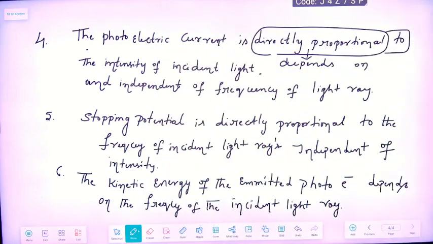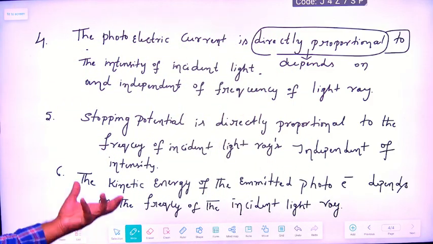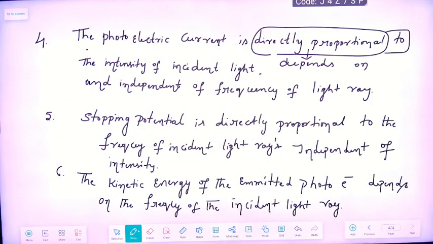So these are the observations of Einstein's photoelectric equation. Not postulates, postulates is different; observations is correct. But that equation will tell all these things. It is an instantaneous process.